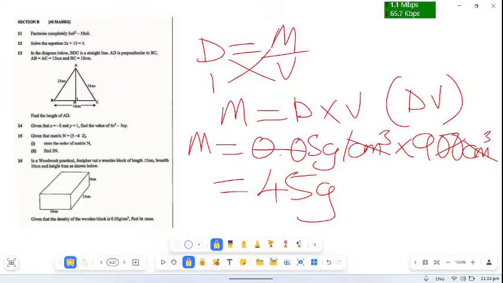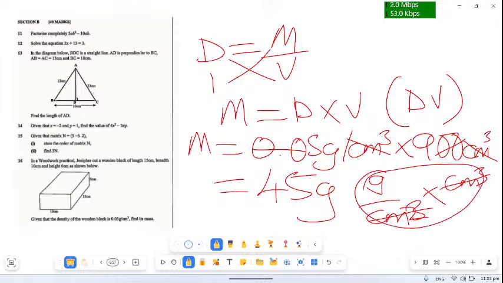So why are we cancelling this out? We have grams per centimeter cubic, which is more or less like grams over centimeter cubic, then times centimeter cubic. So this centimeter cubic and this centimeter cubic cancel each other out, leaving us with gram. That's how I've come up with gram there.